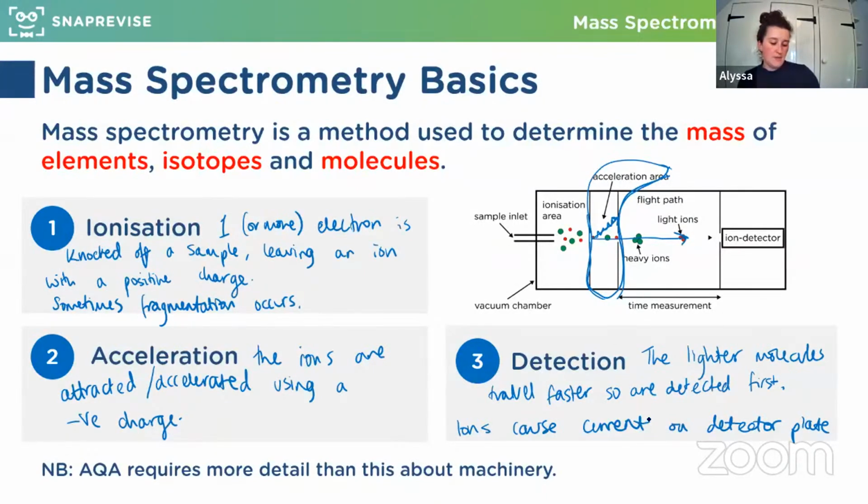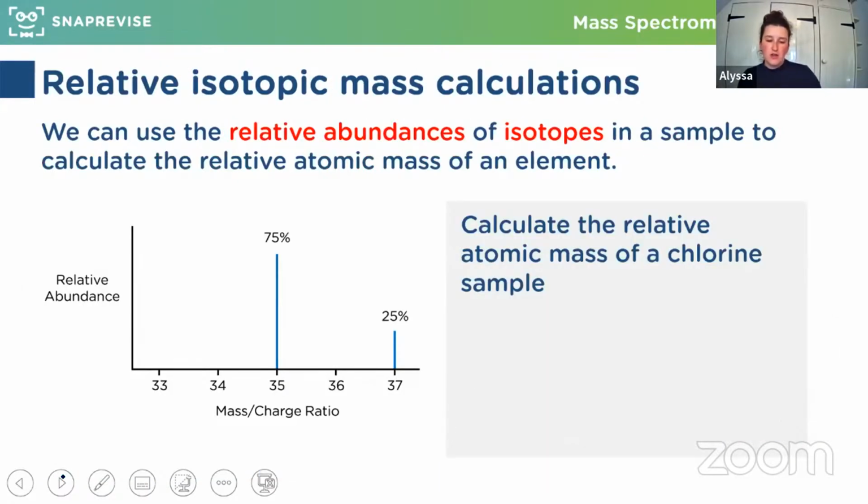Okay, anybody not happy with any of that, just let me know. Otherwise, let's have a quick look at some of our more basic mass spectrometry applications. Usually, especially at AS and Year 12, we only focus on using mass spectrometry for relative isotopic mass calculations.